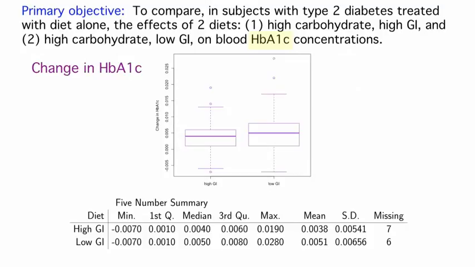And you may recall that we noted that the largest observations were in the low GI group. As well, the mean was a little bit higher for the low GI group. But we wondered if that was significant, because there's so much overlap between the 2 boxes in the box plot. So now let's carry out a statistical test.